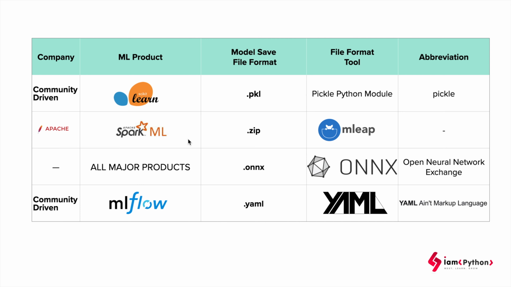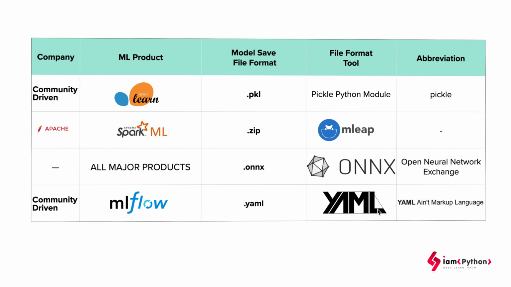If you're using Spark ML, we can use .zip, and we use MLeap. For major products, generally we use ONNX, the Open Neural Network Exchange. This is another file format we can use. For example, if you're using MLflow, we can convert the MLflow model files into .ml files. This is also one of the most popular file format tools for creating model files in machine learning.